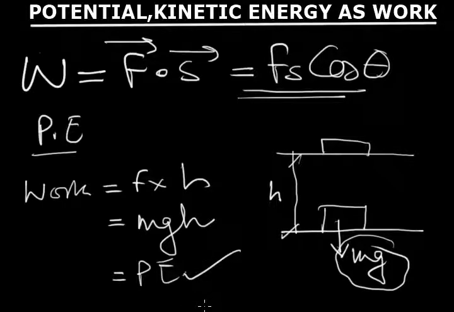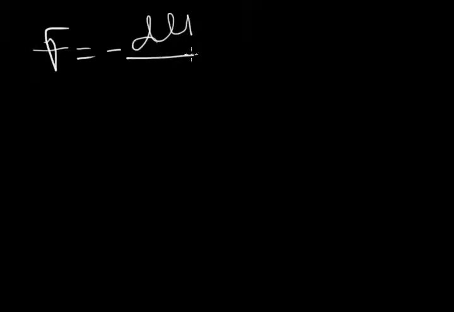Now, in the same way, you have to understand the calculus notation of the whole thing. In the calculus notation, you must be careful that when we write potential energy, I will start with force rather. We write the force as minus du by dx.